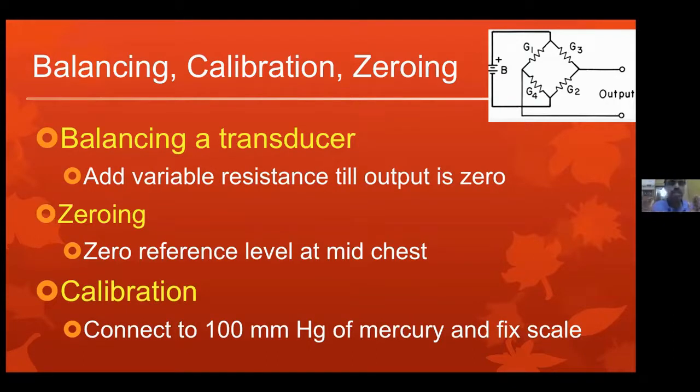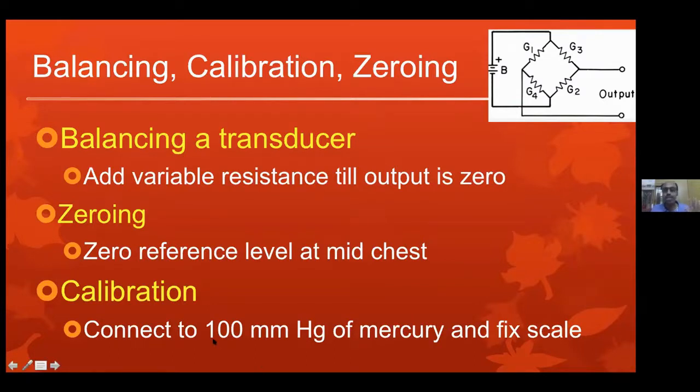Forget about all these things. The 0 reference level is leveling to the middle of the heart. If you say that it is mid-chest level, that is fine. If you say that with the recent research, since we are concentrating mostly on the left ventricle and ascending aorta, it is 5 centimeters below the fourth intercostal space, that is also correct.